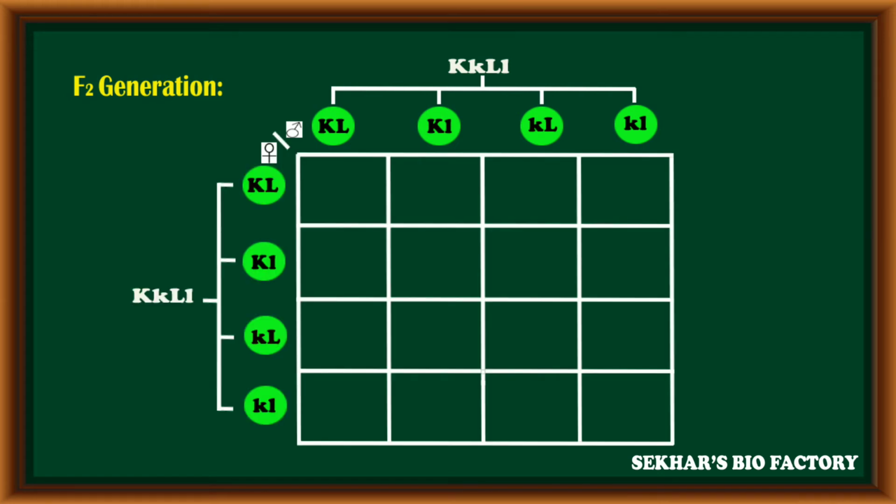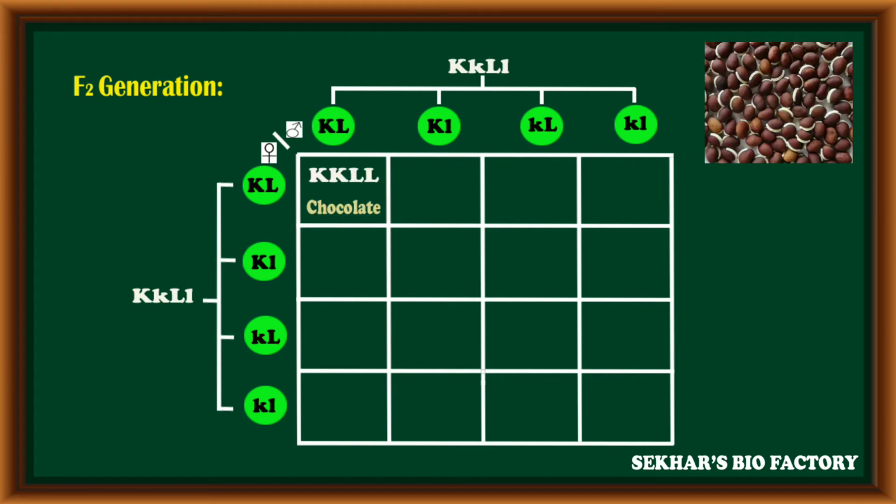In this F2 generation, in the first combination, because both genes are with the dominant allele, the third or new phenotypic character, a chocolate colored seed coat, will be expressed.